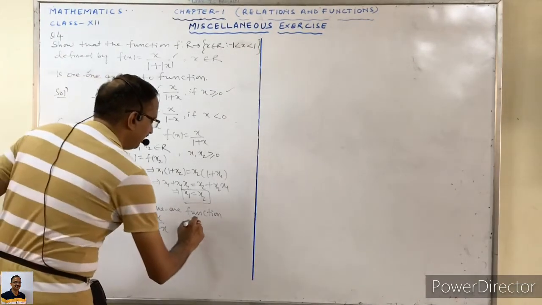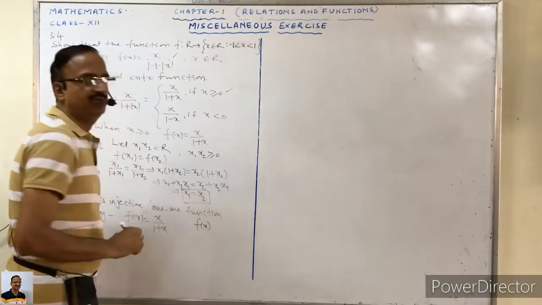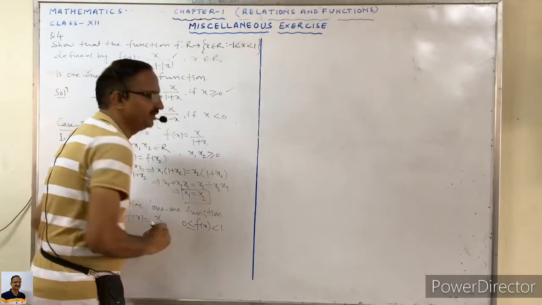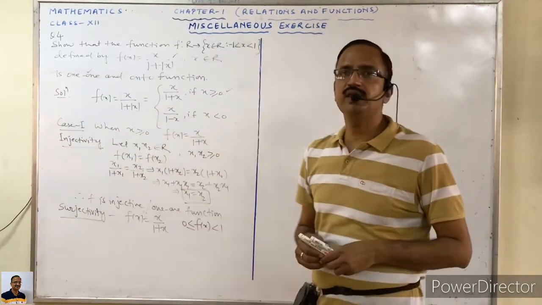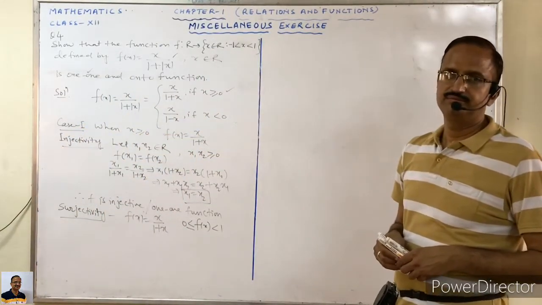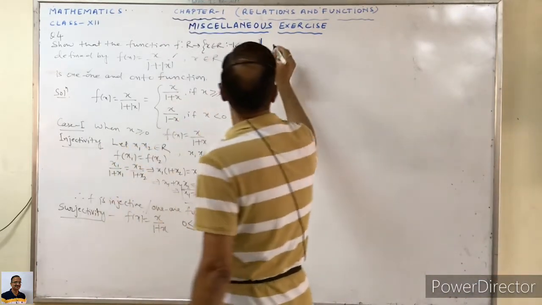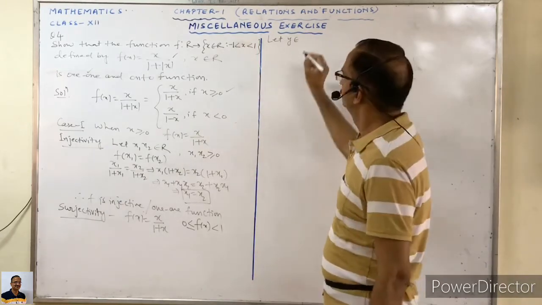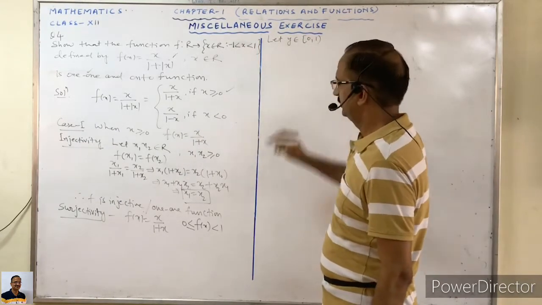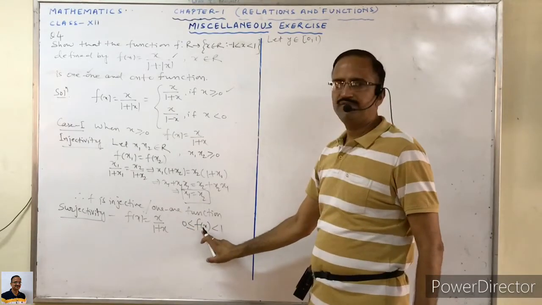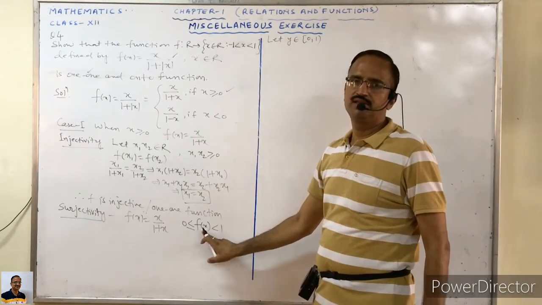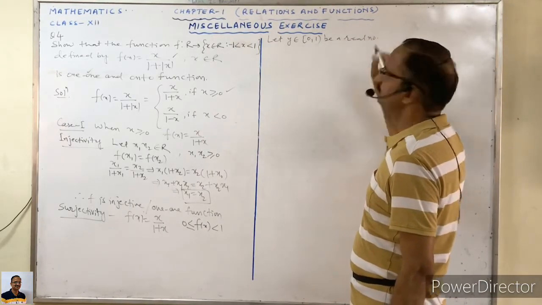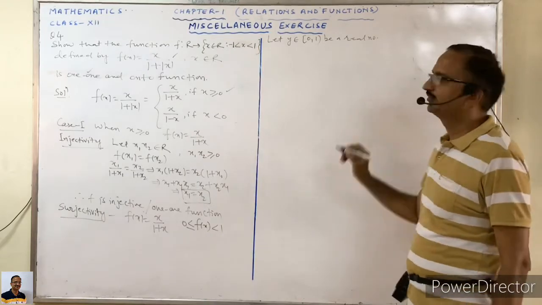So this f(x) must be less than 1 and greater than or equal to 0. It means it must be positive. So let y belong to this, so f(x) means y, be a real number.